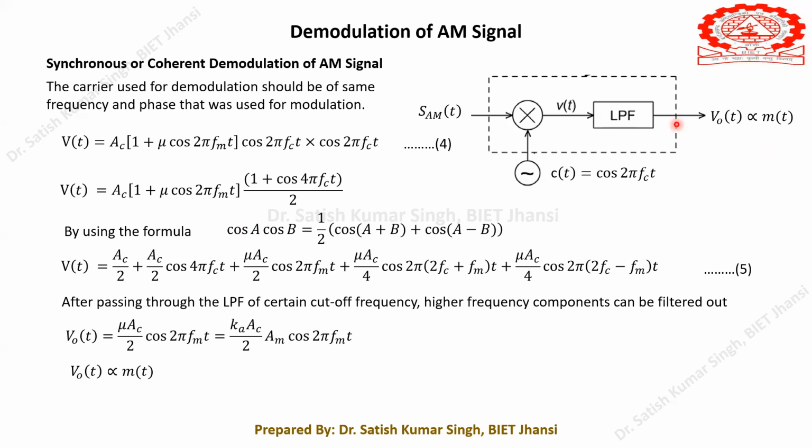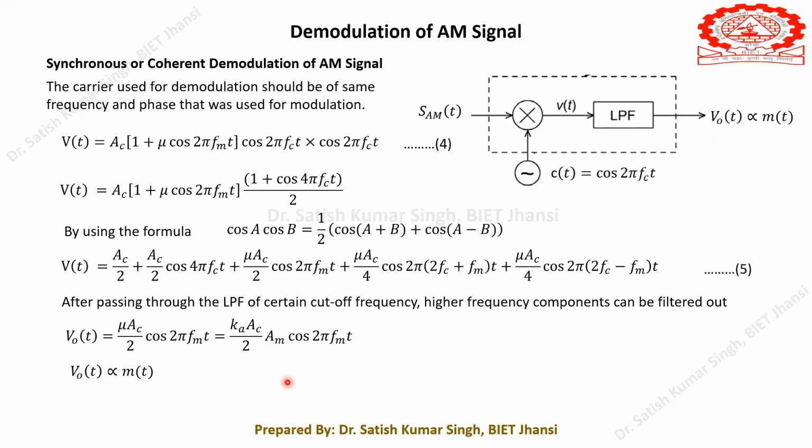This additional factor never imposes any problem in a communication system, because it is just going to either attenuate the signal if this factor is less than 1, or if it is greater than 1, amplify the signal a little bit. It means that its strength is going to change, but there will be no other effect.